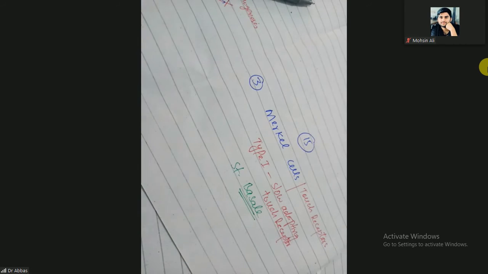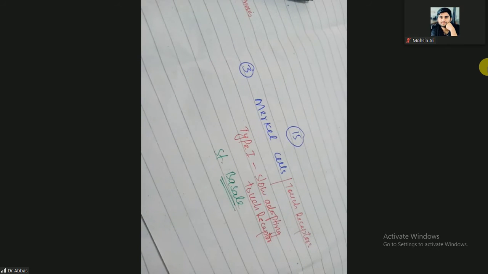But once they asked an MCQ in the PMDC: the Merkel cells are located in which of the following parts of the epidermis? But stratum basale was not an option.